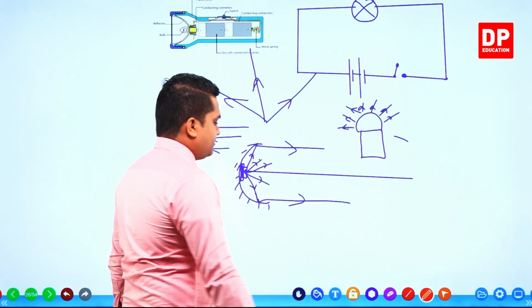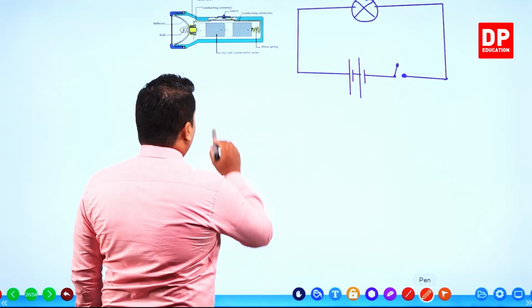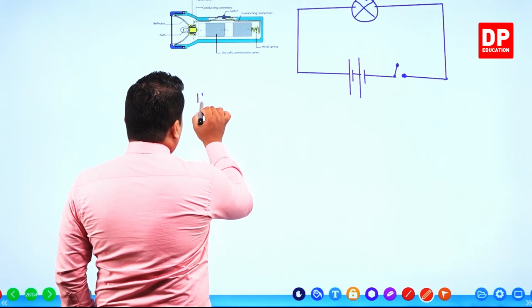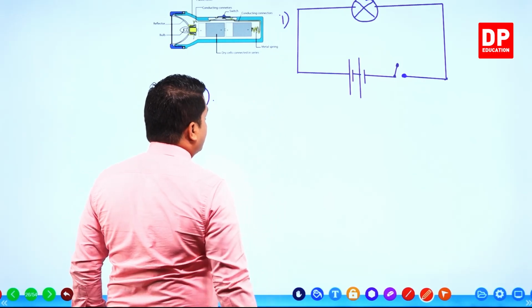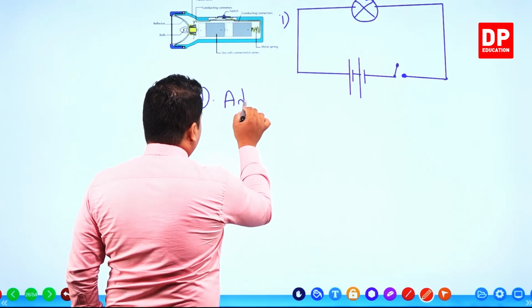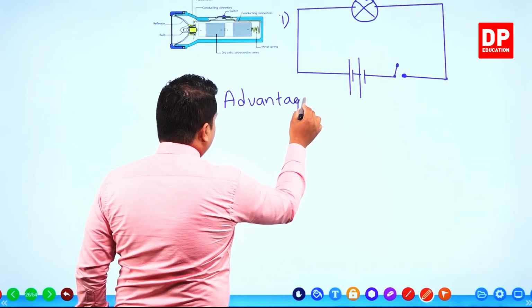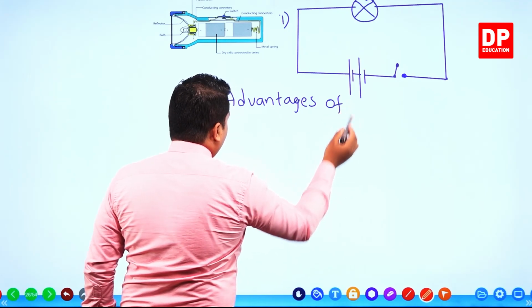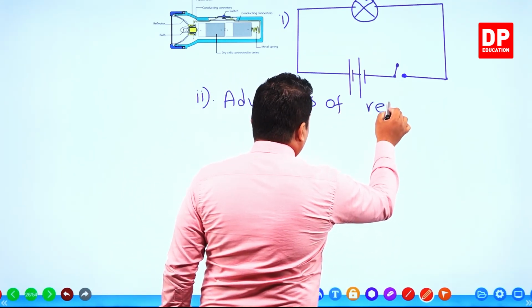Right. So we'll write down the answers then. So this is the circuit diagram and we'll write down our answer. This is the first one, the circuit diagram of the torch. The second one, advantages of reflector.